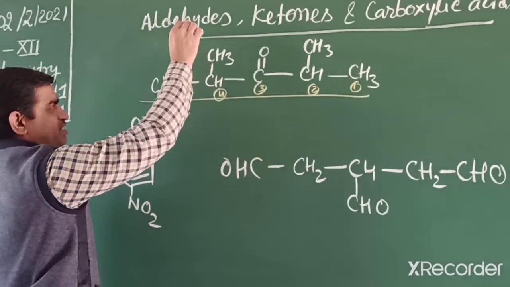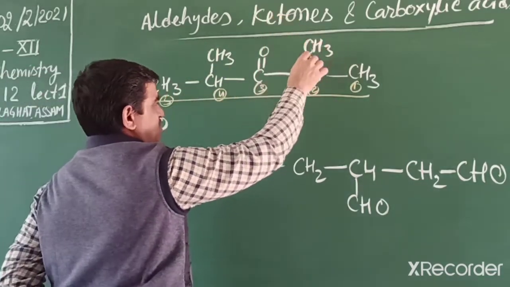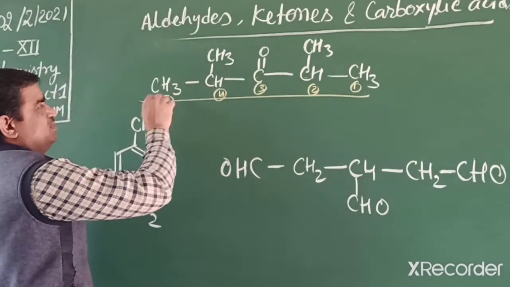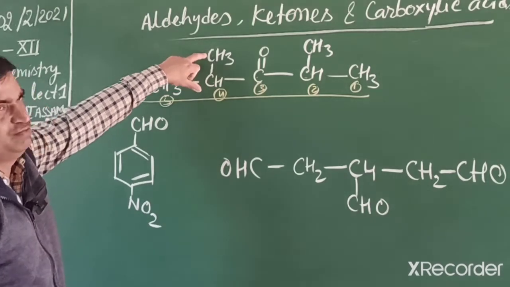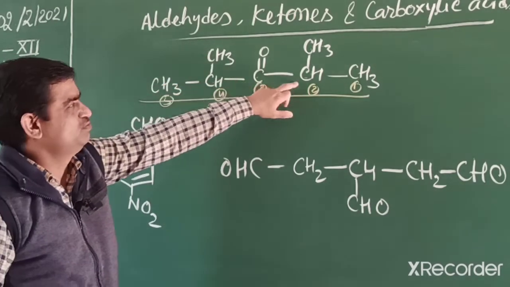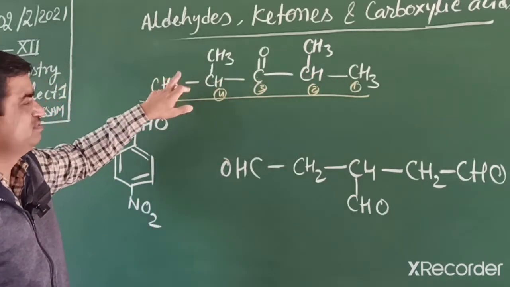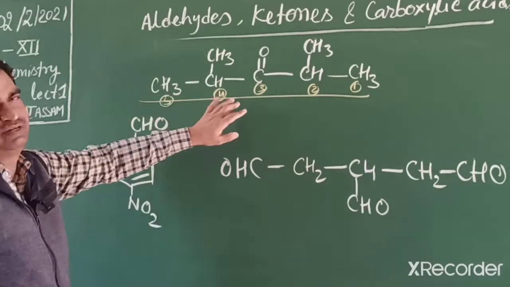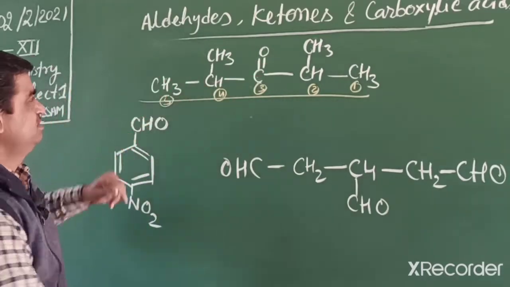You can start from here also, 1, 2, 3, 4, 5. Maximum 5 carbons, because there are 4 ends, you can start from this carbon also. This one is a symmetrical ketone, so we can write from any side.